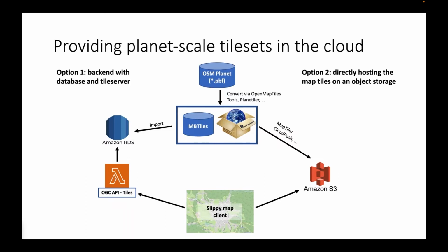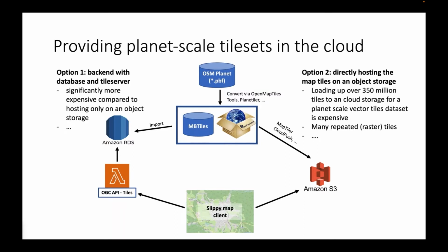Then there's also a second option. You could also directly host the map tiles on an object storage. The problem is that both options have major drawbacks. In my opinion, they are both unnecessarily expensive, especially if you're hosting large amounts of tiles, so if you're hosting global scale tilesets.